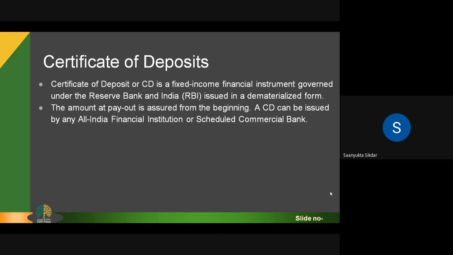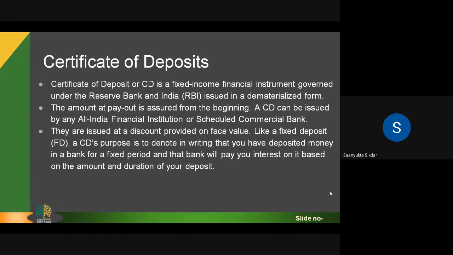The amount at payout is assured from the beginning. A CD can be issued by any all India financial institution or scheduled commercial bank. They are issued at a discount provided on face value.